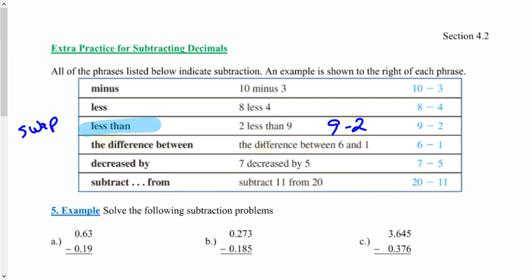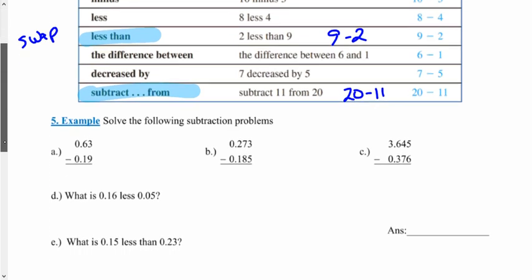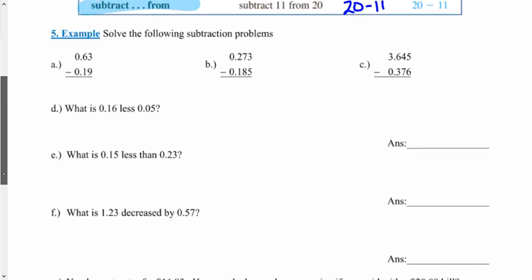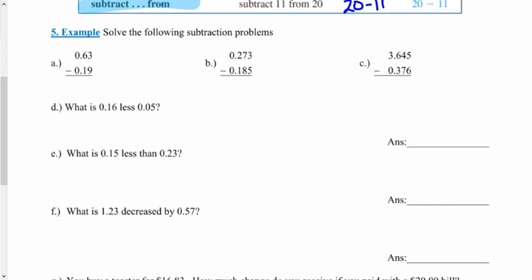The difference between just means to subtract. Decrease by just means subtract, keep it in that order. And this last one down here, subtract from, right? Subtract blank from this. So subtract 11 from 20. That means that we actually are going to start with 20 and take 11 away. Keep those in mind as you're reading whenever you're doing word problems. Okay? Let's get to it.